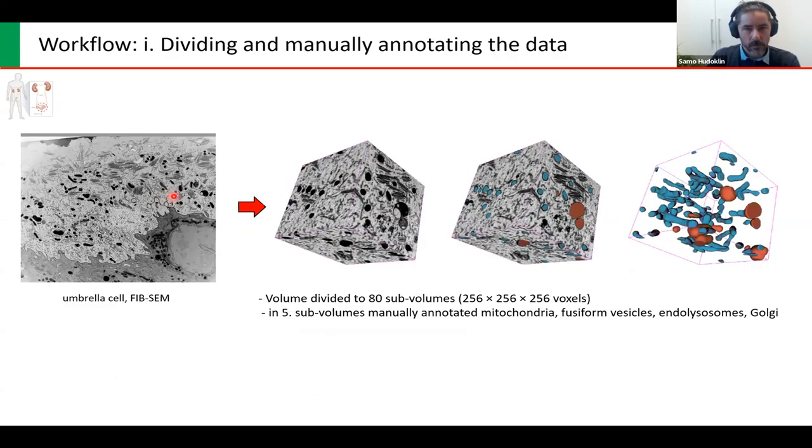How the work went, we took this FIB-SEM volume as a starting point. We divided the volume into sub-volumes. Some sub-volumes were manually annotated to be a learning base for the algorithms, and then we segmented it and tried to find the proper pipelines to segment Golgi, endolysosomes, fusiform vesicles, mitochondria, and others.